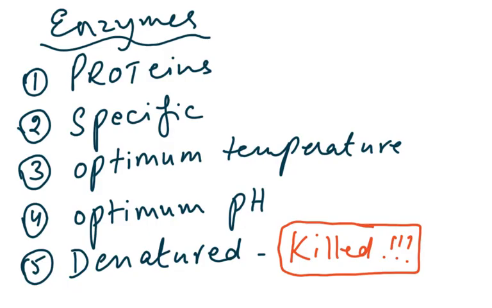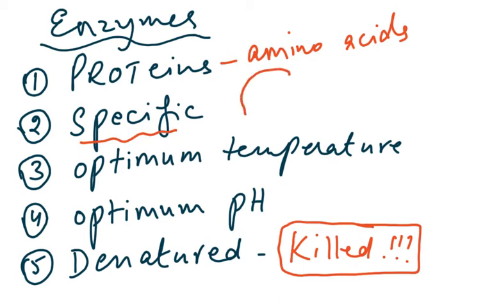Now, the points that come to my mind when I am thinking of enzymes: number one, they're made up of proteins. If they're made up of proteins, it means they're made up of amino acids. Then we say enzymes are specific. Now, why are they specific? Because what they have on their surface is a depression, and this depression is called the active site.